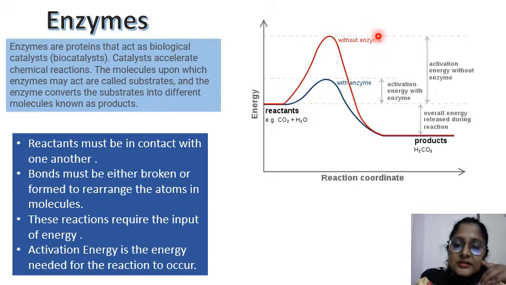Let us see this graph. What we can see, with enzyme, the activation energy is this much, and without enzyme the same work is done with this much of activation energy.